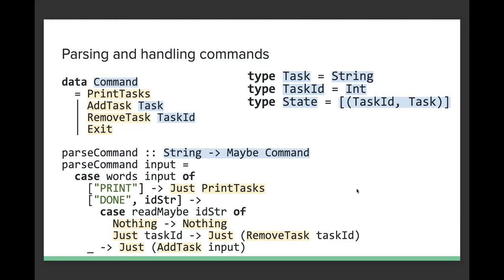But remove task only accepts integers, right? It accepts task ID, which is a synonym for an integer, right? Does this make sense? So this is one of those, again, nice places where you don't have to specify any types and everything works out very fine.